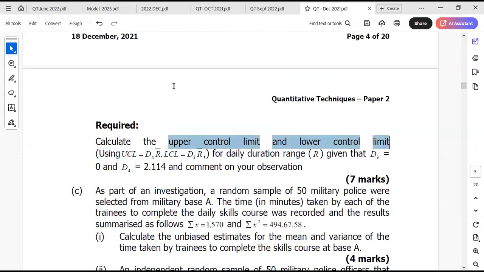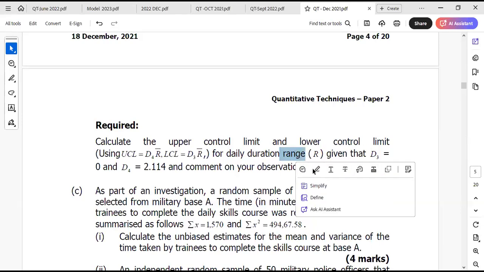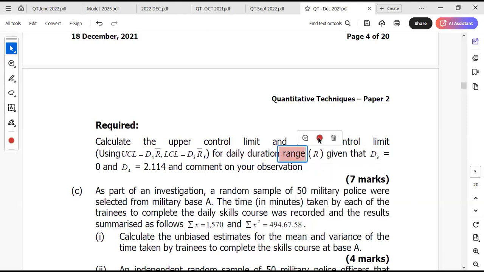Colleagues, it is very, very key to know whether you're dealing with mean or range, or both. So it's the upper control limit and lower control limit for the range. The examiner has specified that this is range.